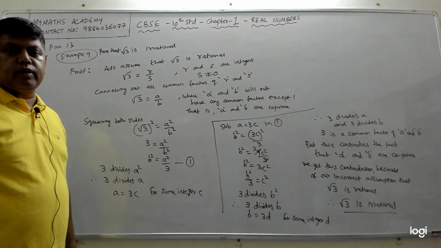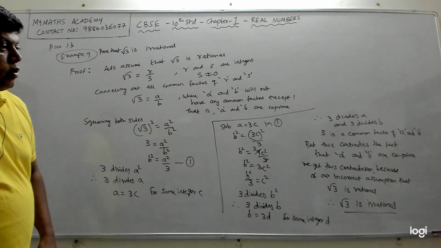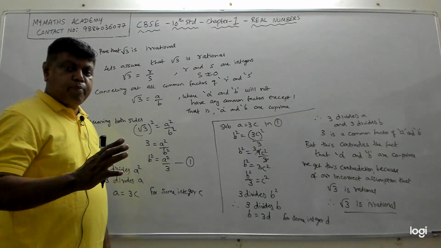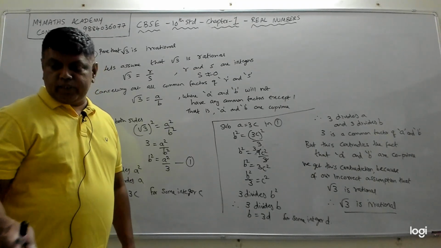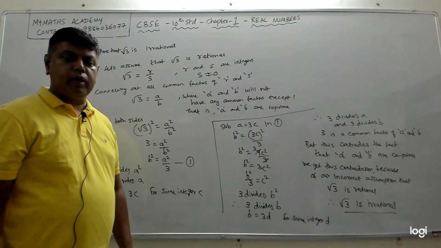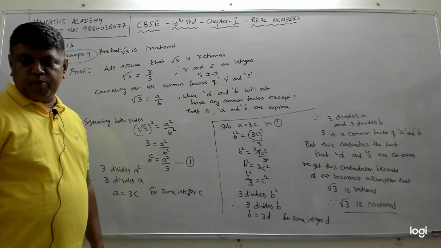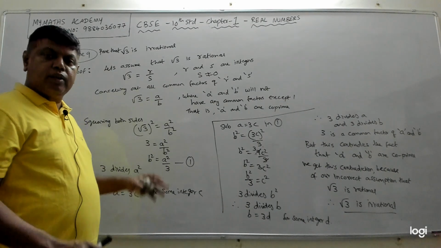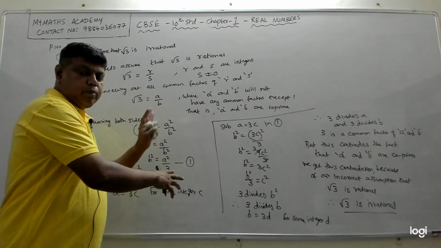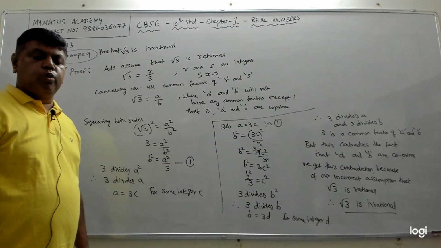Then I will come back in the next video, and you can see me doing example 10 and example 11. Since proving root 5 is irrational uses the same method, I will explain the same procedure for root 5 also.